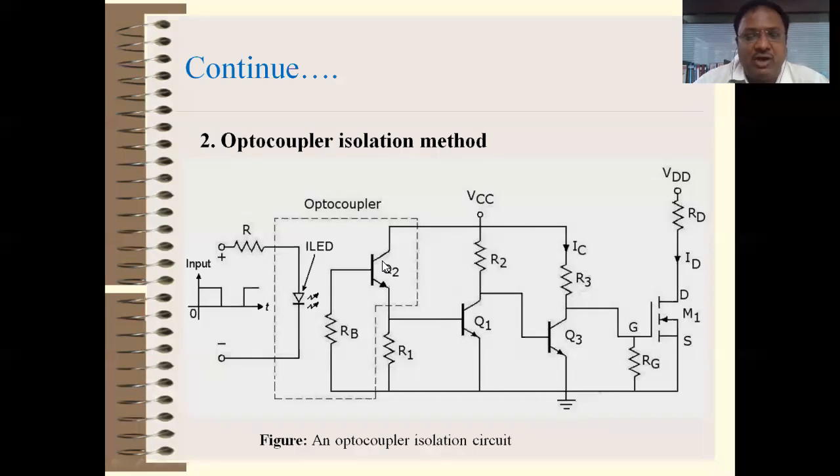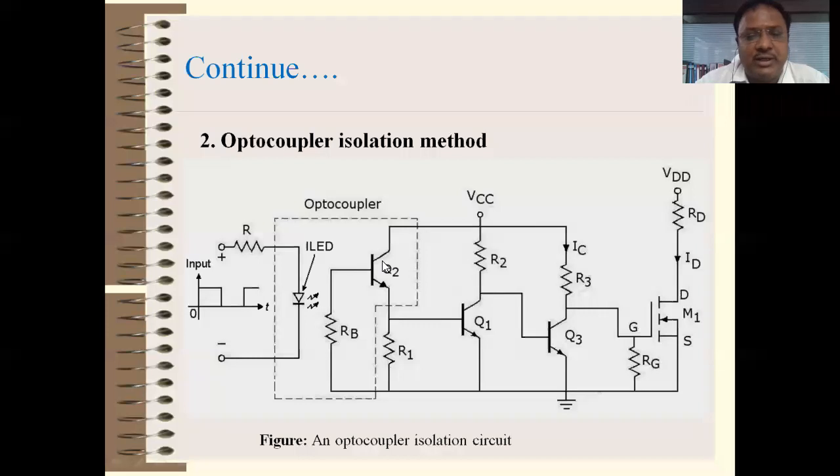Whatever the range is given, maybe 10 centimeters, 5 centimeters, or less than that, you should keep the LED very close to the base of the transistor. But still, there is no physical connection, so no damage occurs in your logic circuit or your gate driver circuit. So these are the two isolation methods.